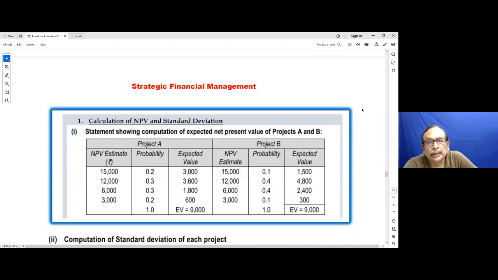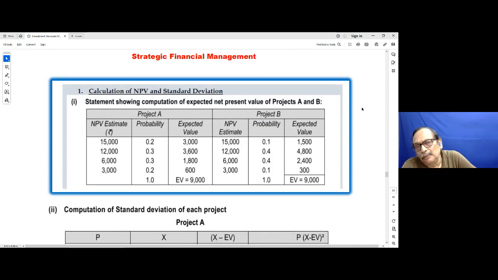Now, this is a usual problem where we calculate NPV and standard deviation for project A and project B respectively. So we are calculating expected value. Expected value is considered to be the mean value. In project A, we have NPV estimates and probability.